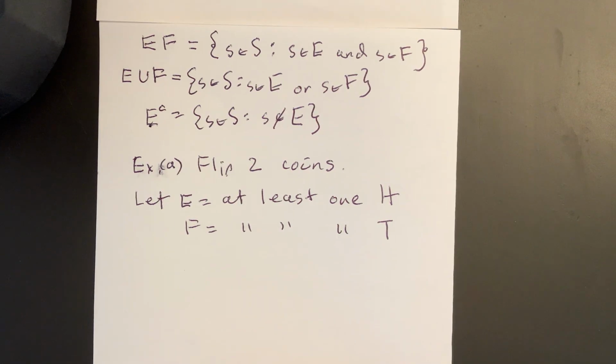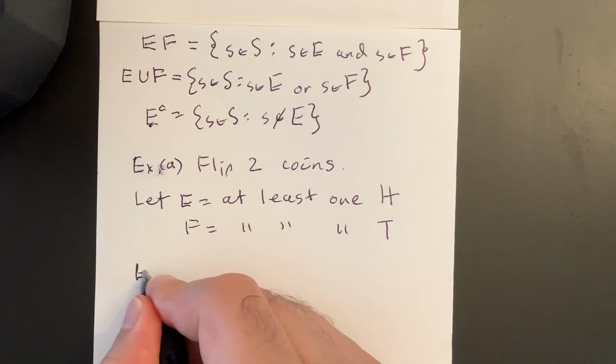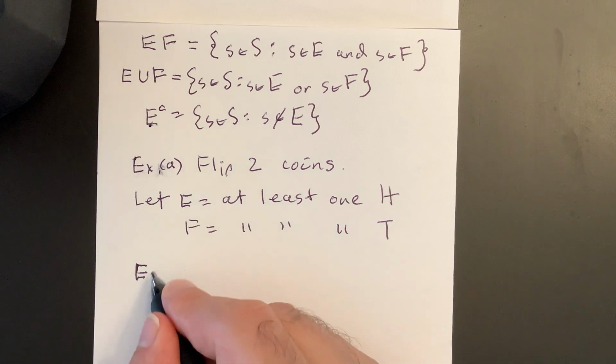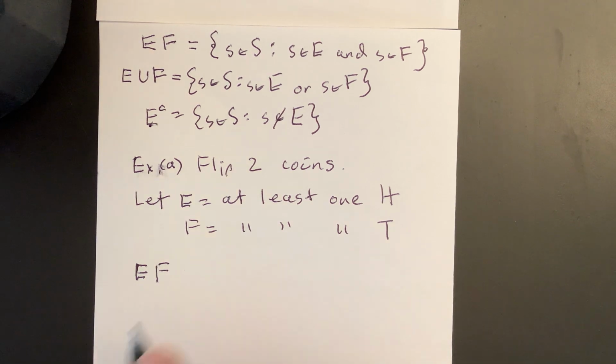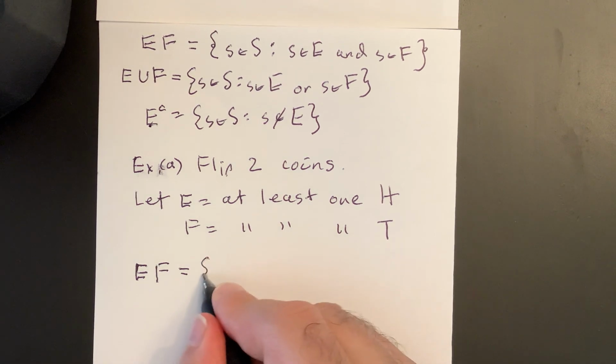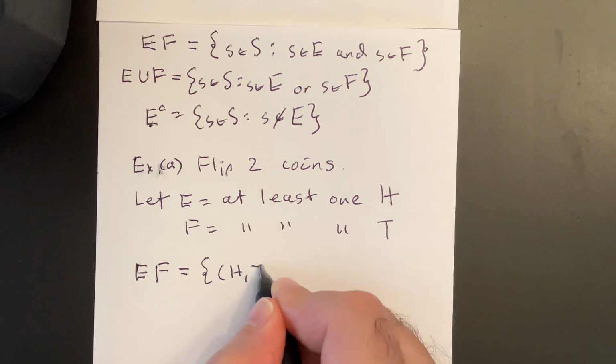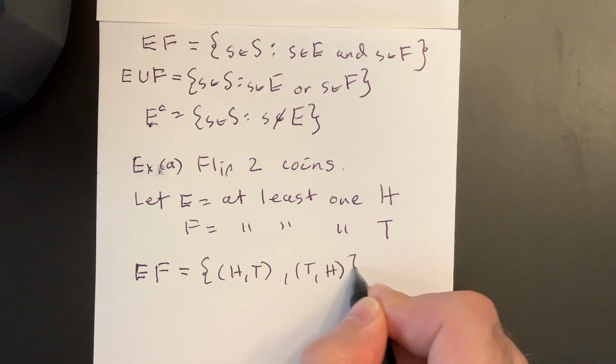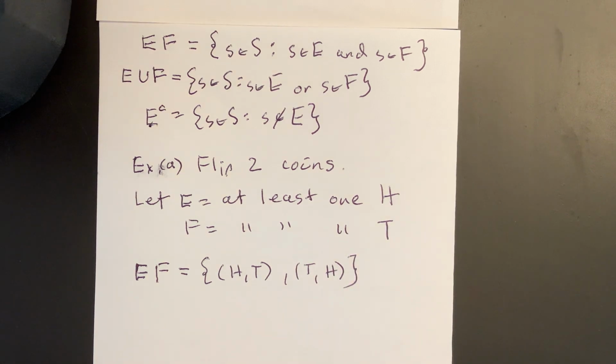Then can we list E? Well, E, yes, we already did this. E has 3 elements in it, right? The ones with at least 1 head. So what's EF? I need at least 1 head and at least 1 tail. So this would just be, these are in both. I never actually wrote F down. And what's E union F?